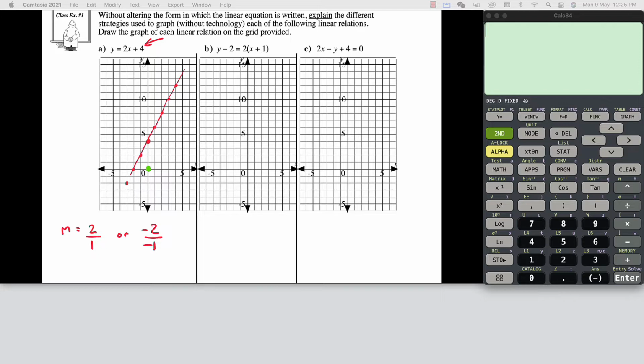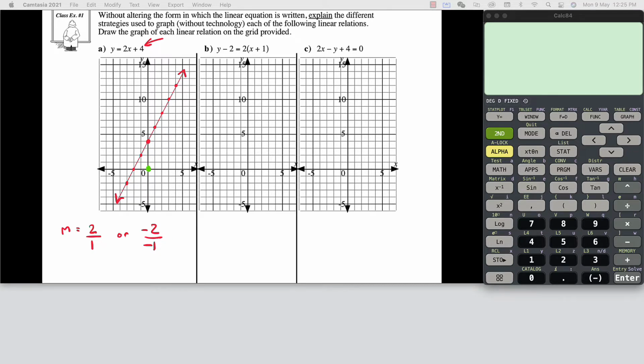If I draw a line precisely, I should be able to go through all of those, and I put 2 arrows there indicating that the line continues on forever in both directions. Okay, so I've labeled like 7 or 8 points, but really there are infinite points along that line. Okay, so let's look at part B.